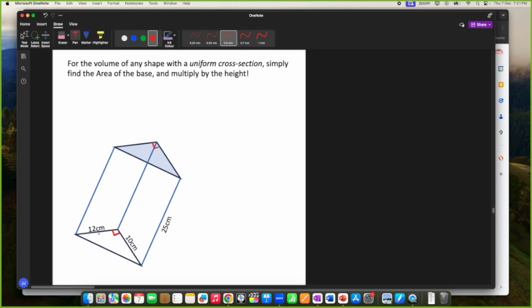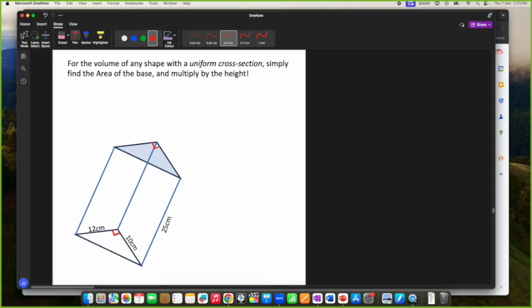So the base here is a right angle triangle. Find the volume of this. This is a uniform cross-sectional shape. Answers in the chat. It should only take a minute. Answers in the chat, please, from everybody.